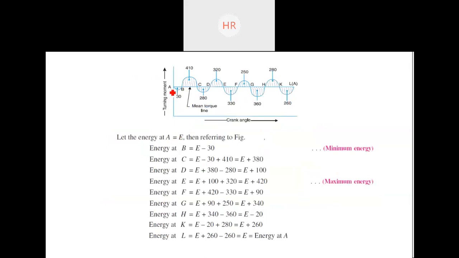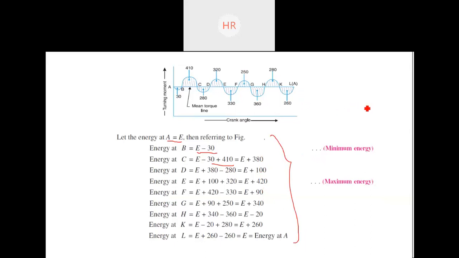First, consider energy at point A is equal to E. So at point B, E minus 30. At point C, E minus 30 plus 410. Then at D, and likewise so on. Now if you look at this data, you have to find the minimum energy and maximum energy in the cycle.